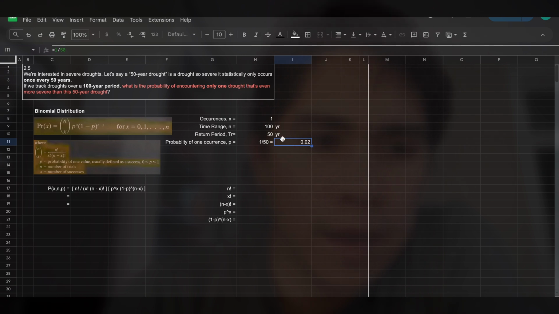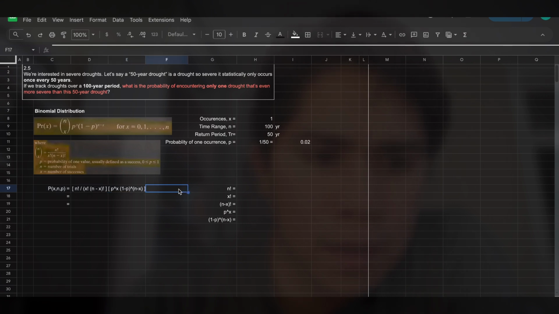Now, having all these values, we need to plug them into this equation. Now, this parenthesis of n x, it's this part right here. So this will be the complete equation, plugging this section into the main equation.